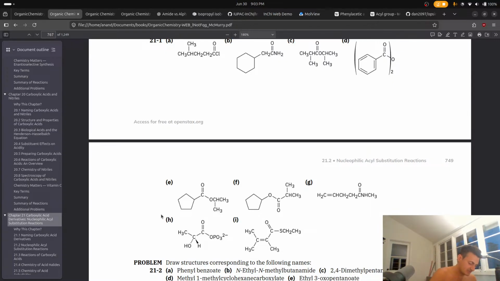It's going to be cyclopentane carboxylic acid. So then this is going to go to propan-2-yl cyclopentane carboxylate. So I think it's that.